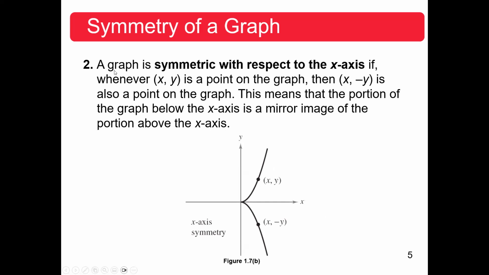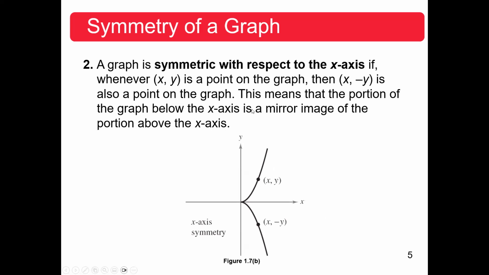Now, second, a graph is symmetric with respect to the x-axis if whenever (x, y) is a point on the graph, then (x, -y) is also a point on the graph.